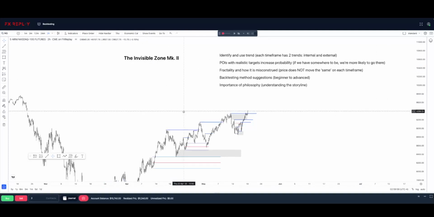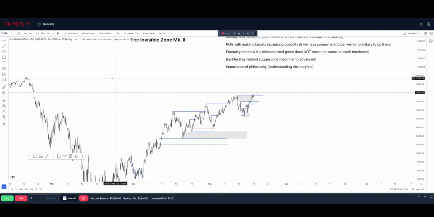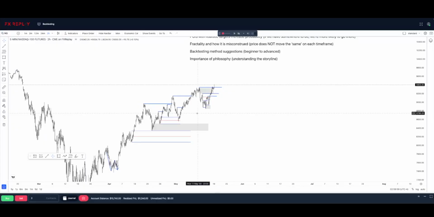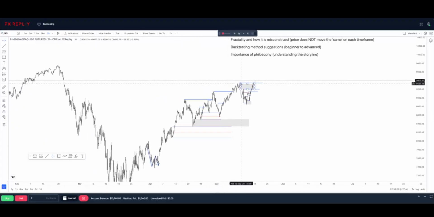What I mean, and what I was saying about there not being an invisible zone right here on this side, is that we seem to have higher to go before we think about actually changing trend externally on the 2 hour to the downside, right?